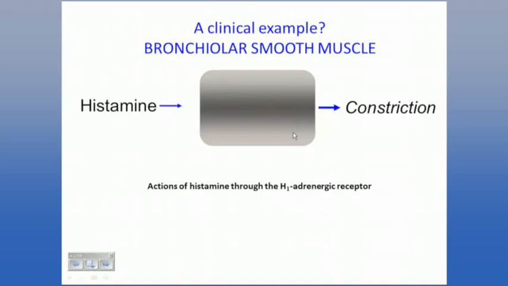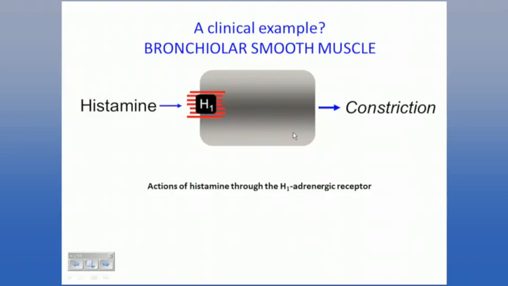But in this example, instead of it being a beta-2 adrenergic receptor and epinephrine as the ligand, we are showing you an example of histamine. Histamine is a naturally occurring autocoid, which is generated by a vast array of different cells in the body, but most preponderantly by the mast cell.